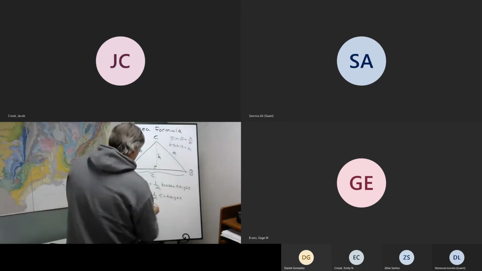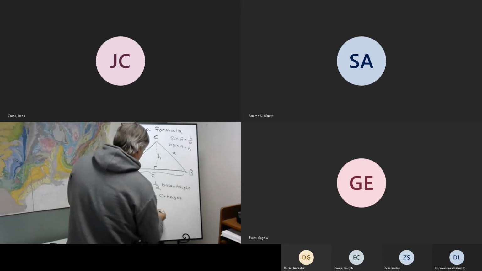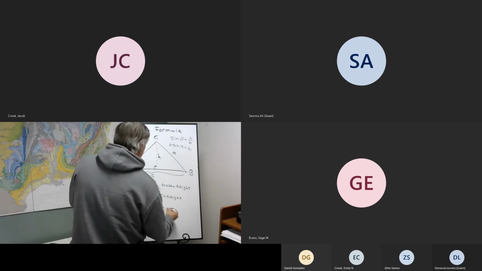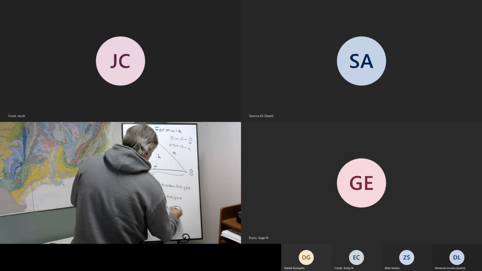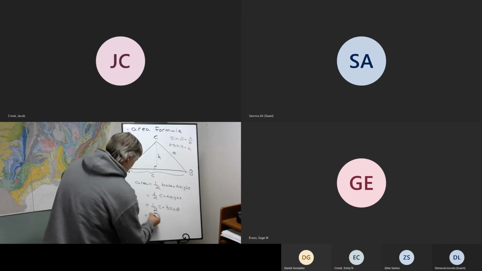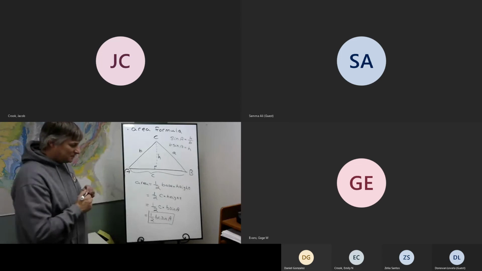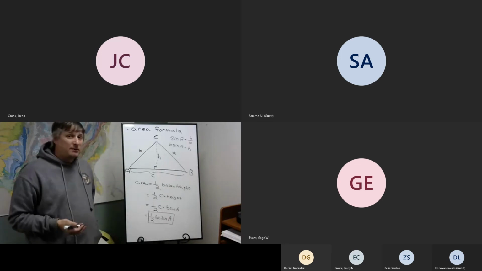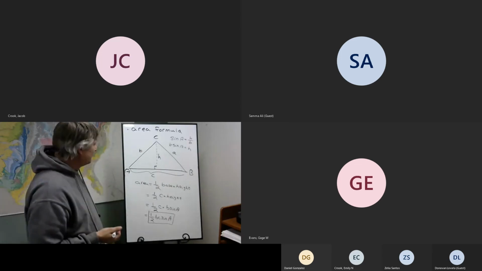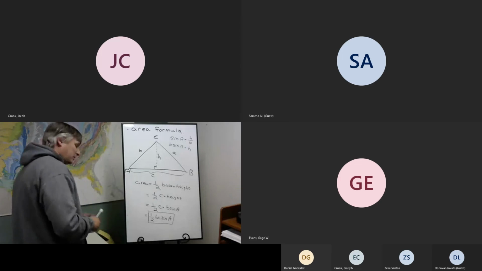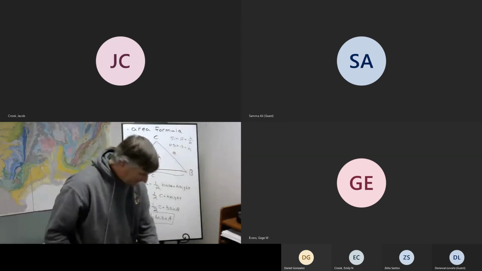So what we'll get is 1/2 C times B sine A, or 1/2 BC sine of angle A. So that's where that formula is coming from. So a quick example. Let's see here.